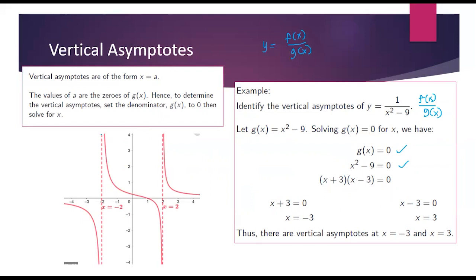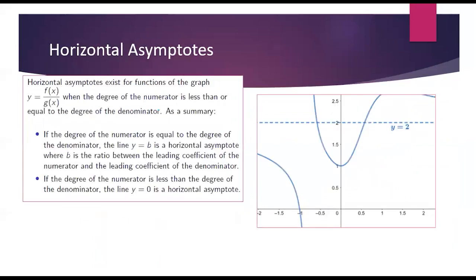I just illustrated here an example of a vertical asymptote. Next, how about your horizontal asymptote? A horizontal asymptote exists only for graphs of the function f of x over g of x when the degree of the numerator is less than or equal to the degree of your denominator.